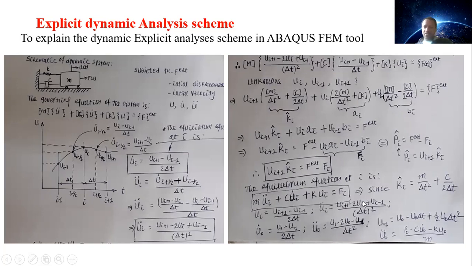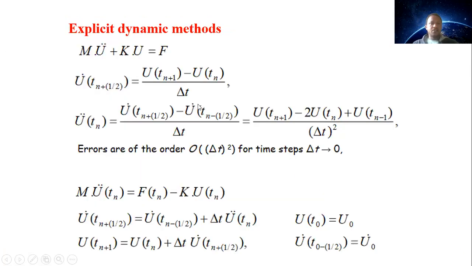And then neglecting the stiffness terms, we get this equation, that k i is equal to m over delta t square plus c over 2 delta t. So let's neglect the stiffness term. So these are the brief steps of those equations.